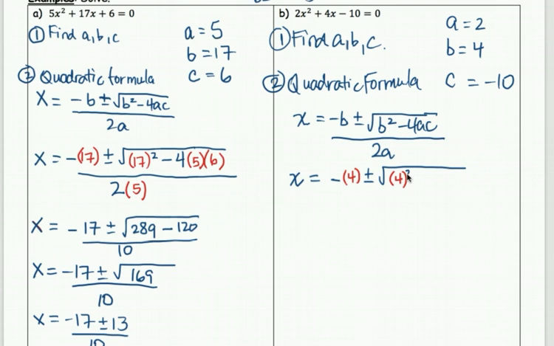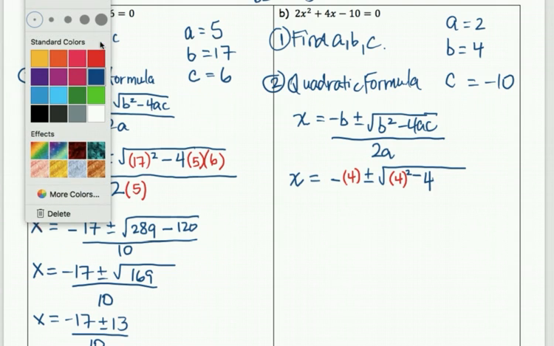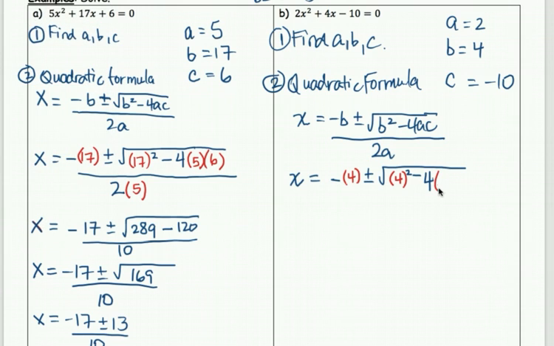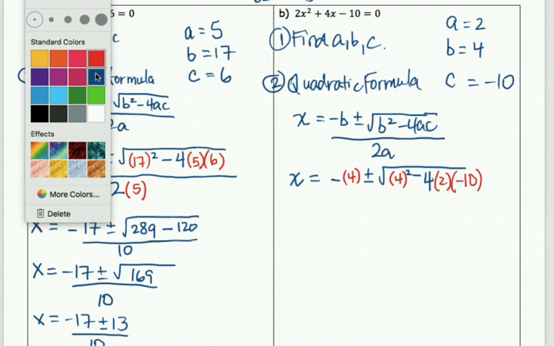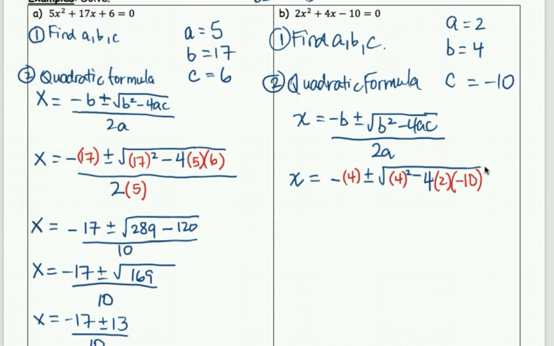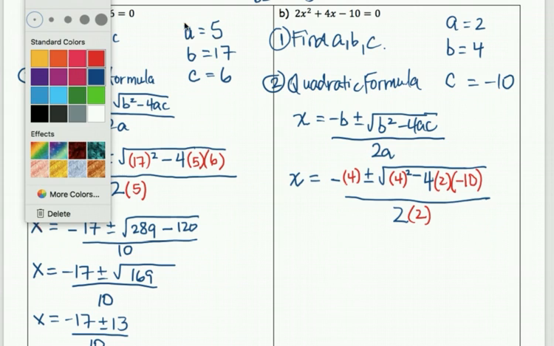Don't forget the square here, okay? And then subtract 4 times AC. A is 2. C is -10. So watch out for that. Okay, and then let's pull this square root over. And then 2 times A. A is 2.